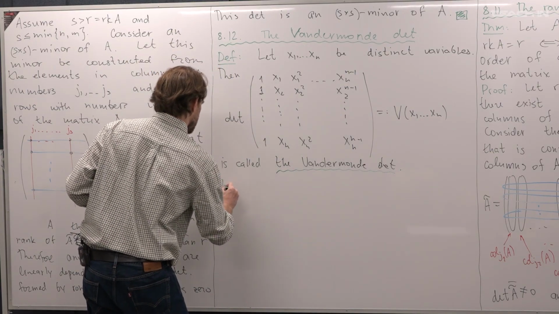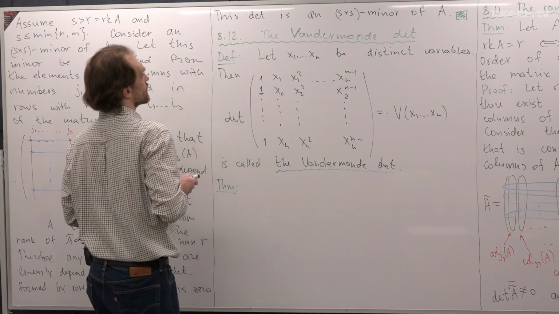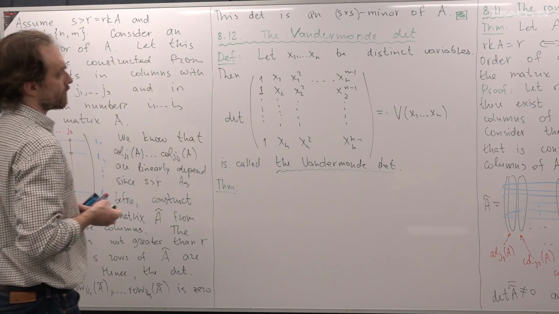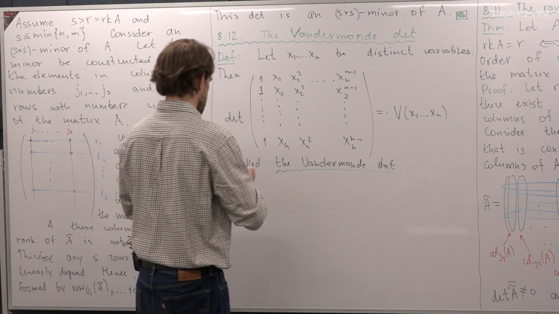And now we will deduce the general formula for the Vandermonde determinant.